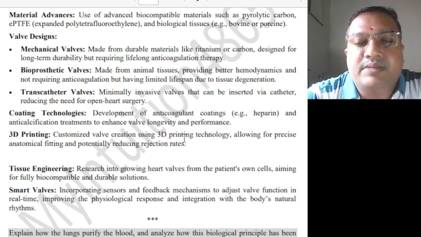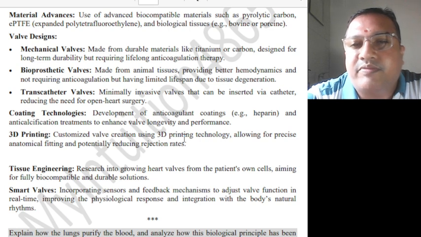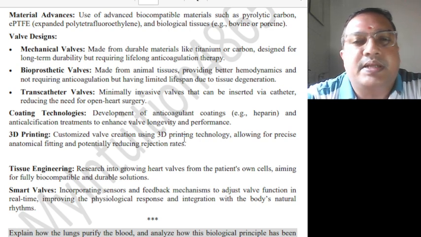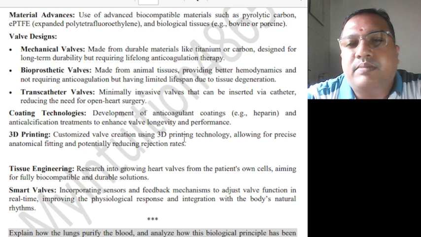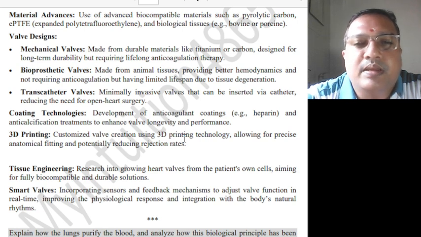Then valve designs: mechanical valves made from durable materials like titanium or carbon, designed for long-term durability, but requiring lifelong anticoagulation therapy. Valves made from animal tissues, that is bioprosthetic valves, provide better hemodynamics and do not require anticoagulation but have a limited lifespan due to tissue degeneration.